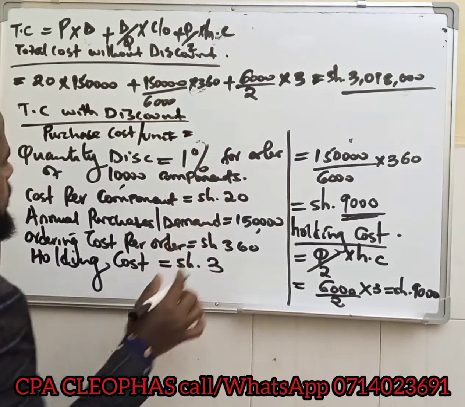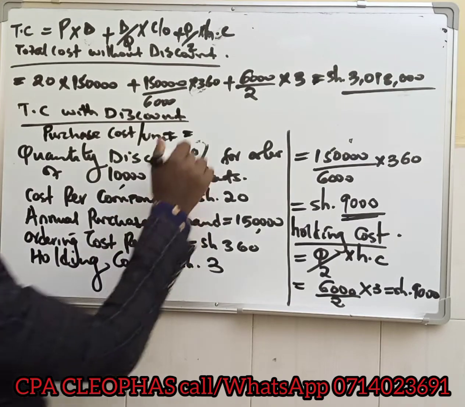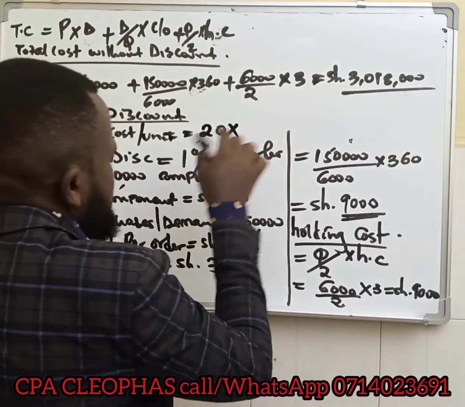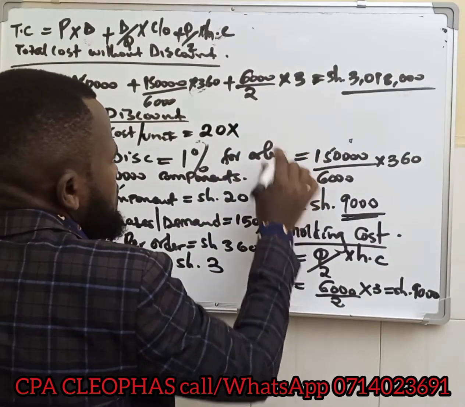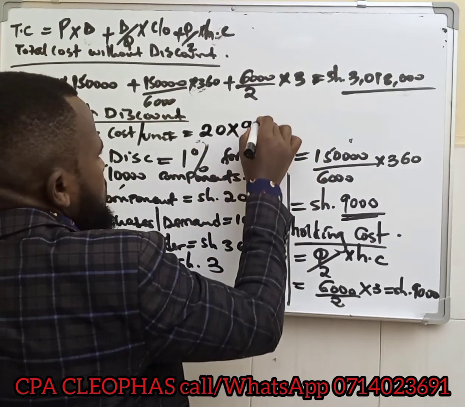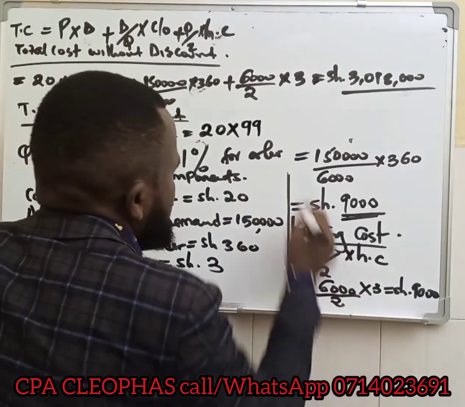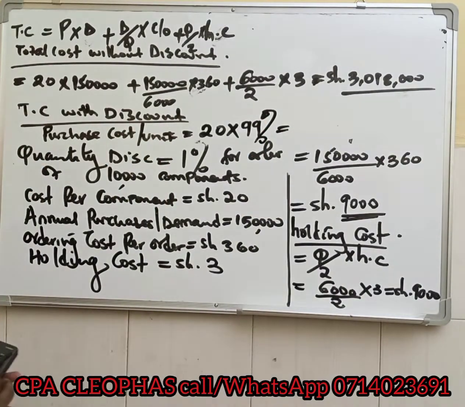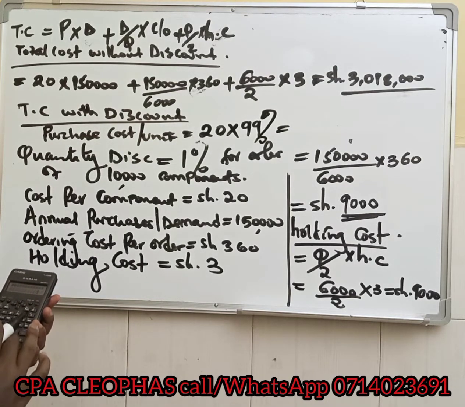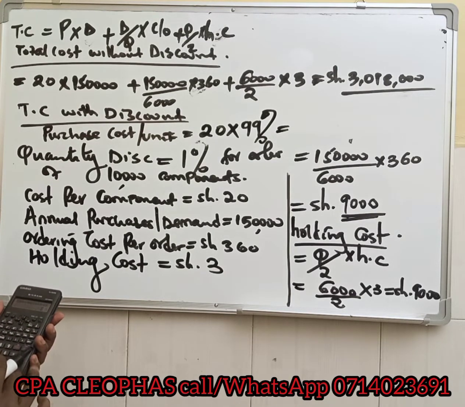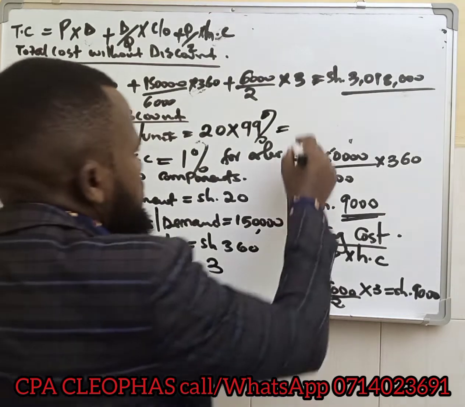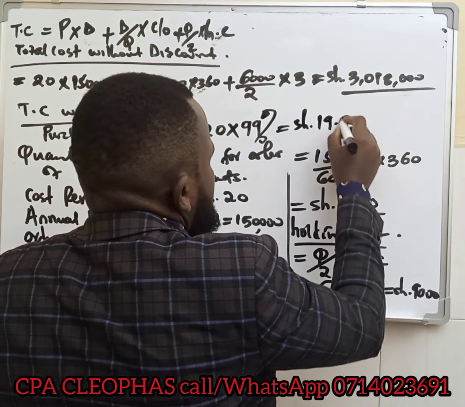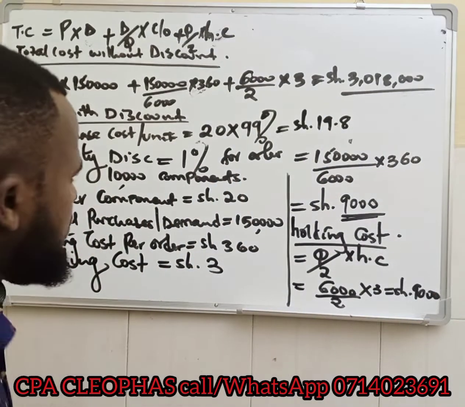The cost per component was 20, but we are given a discount of 1%, so we purchase at 99%, because this reduces the cost of purchasing through the quantity discount. So 20 times 0.99 is 19.8. So our cost of purchasing a component is 19.8 shillings per component.